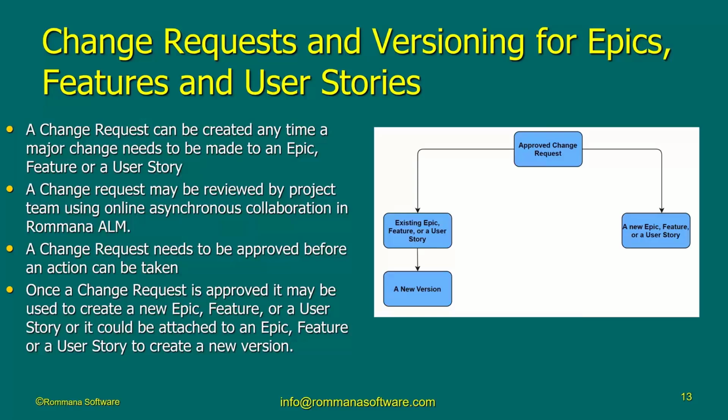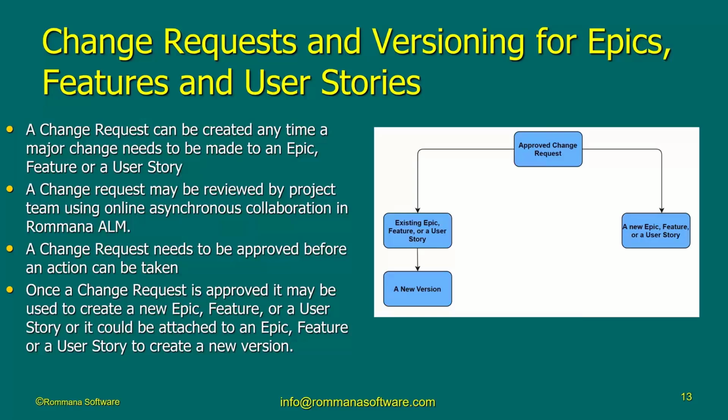Okay, this is about change requests and versioning within Rommana ALM. Once you bring an epic or a feature or a user story from ADO to Rommana ALM, if changes happen to one of those things, you can create what's called a change request. Normally in software engineering, a change request must be approved by stakeholders before we can do anything with it.